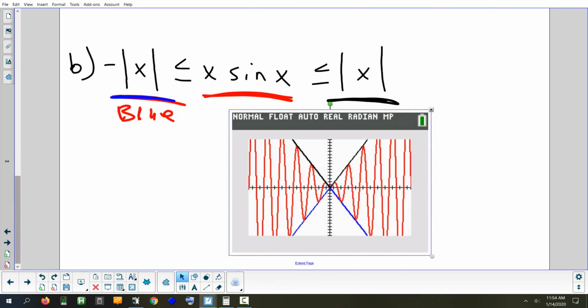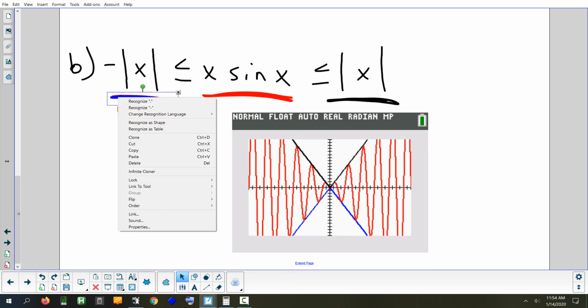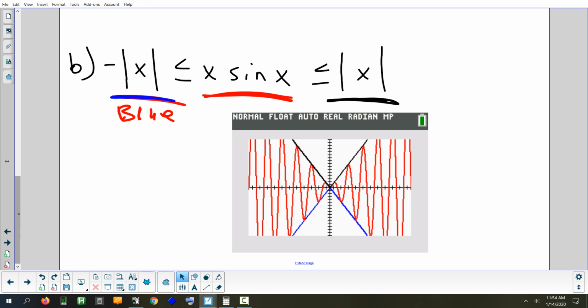So what I'm looking for is where the graph in red is above the blue, but under the black. Where does that happen? Yeah, from negative infinity to infinity. That's everywhere. It's always above the blue and under the black. It looks like an X shape again. This time it's really not.